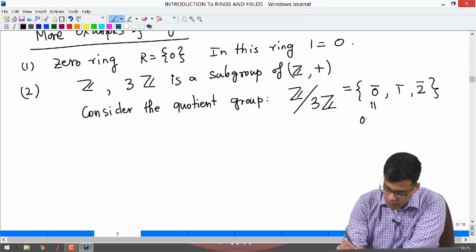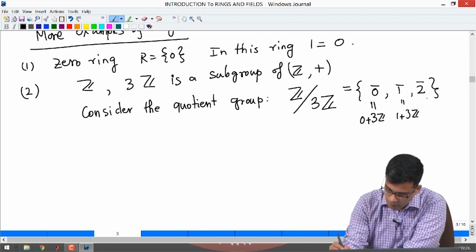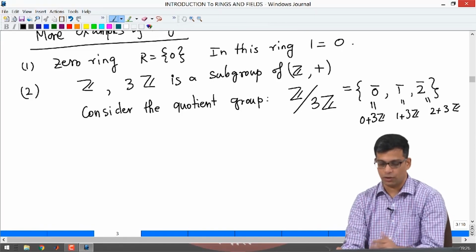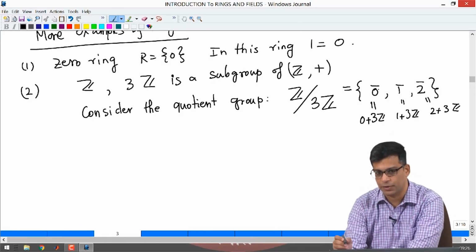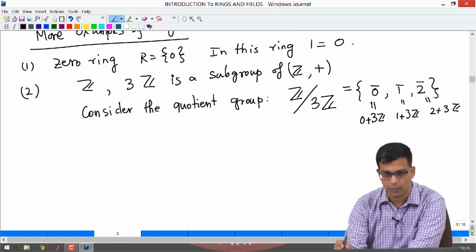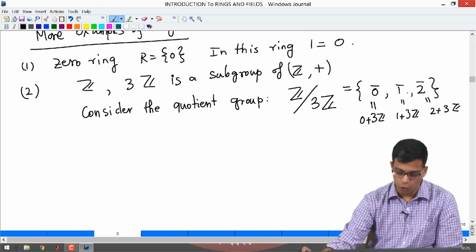This is really 0 plus 3Z, this is 1 plus 3Z, this is 2 plus 3Z. There is addition on this, right. You add them by just taking any representatives and adding them. For example, 1 bar plus 2 bar is 0 bar, 0 bar plus 1 bar is 1 bar, 0 bar is the identity element and so on. So it is a group under addition.